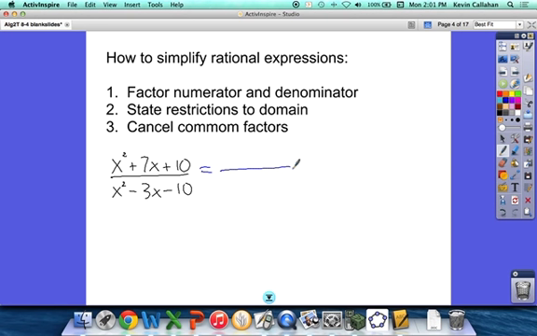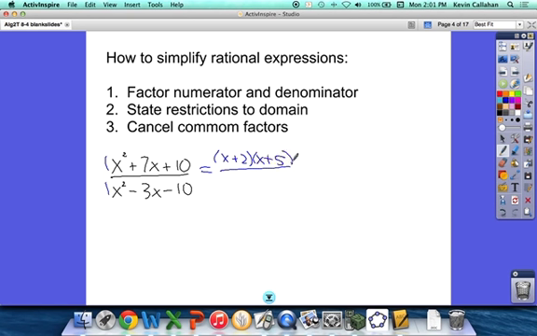It's a simple quadratic, right? What makes it simple? It's 1x squared, right? Because it's 1x squared, it's a one-step process. All you have to do is think of what are the factors of 10 that add up to 7? 5 and 2. So what are my factors? x plus 2, x plus 5.